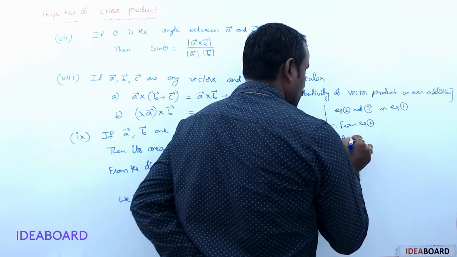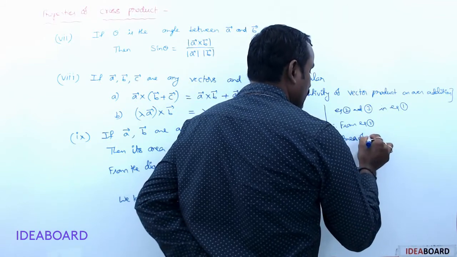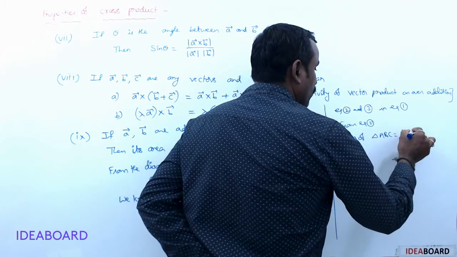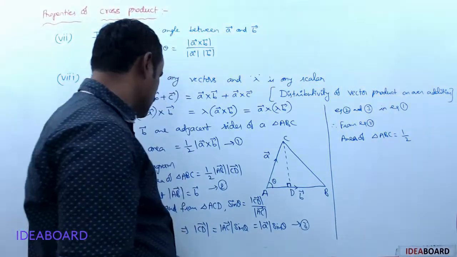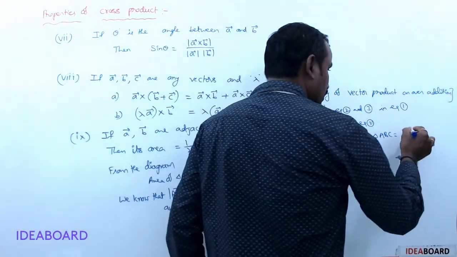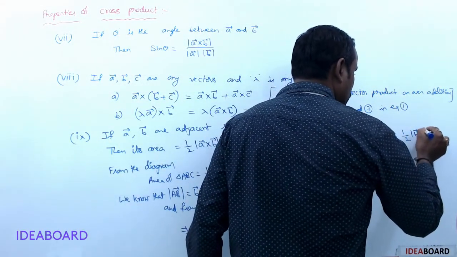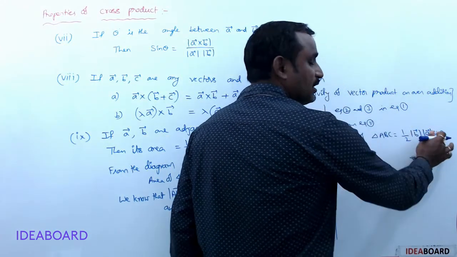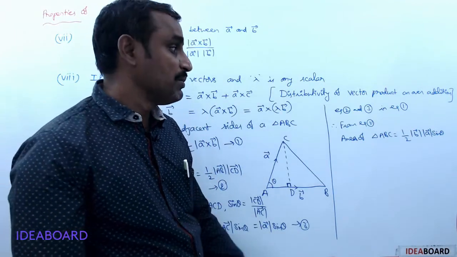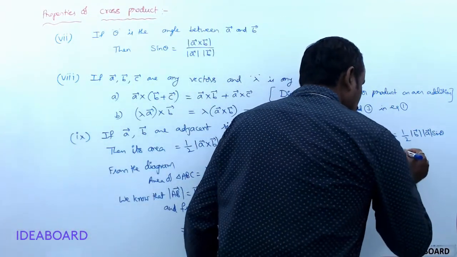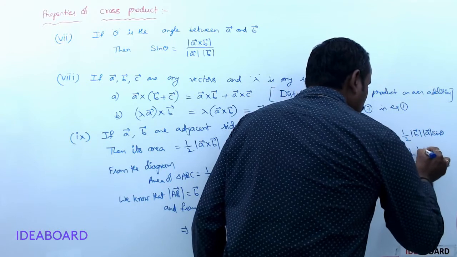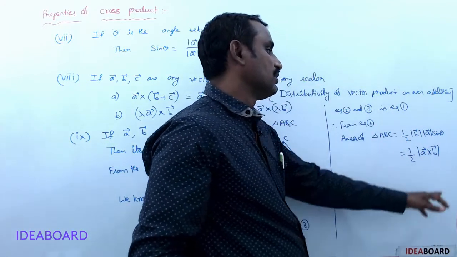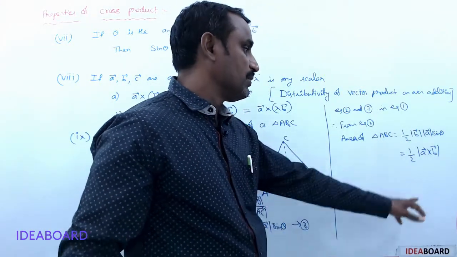Therefore from equation 1, area of triangle ABC is equal to half into magnitude of AB bar, whose value is magnitude of b bar, into magnitude of a bar sin theta. This is nothing but half into magnitude of a bar cross b bar, because the normal vector length is 1.